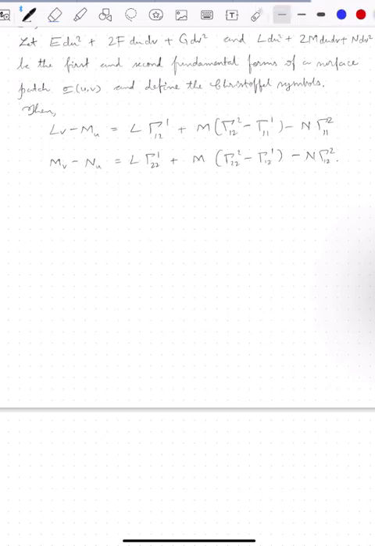So then we'll have another proposition, and these are called the Gauss equations.